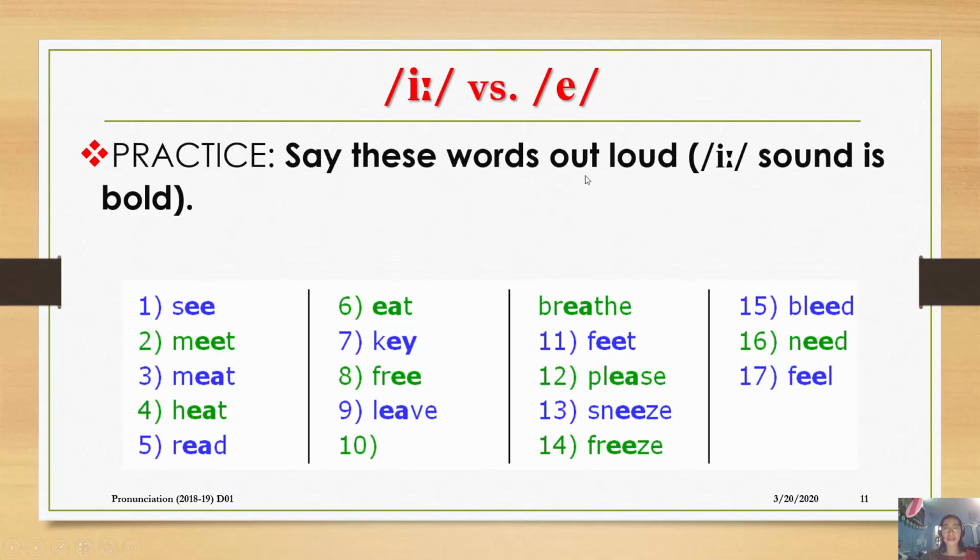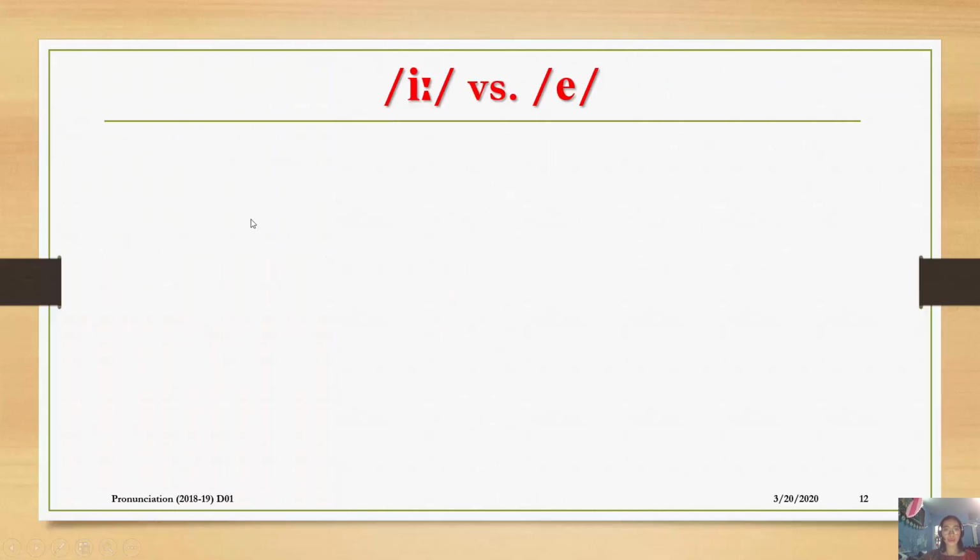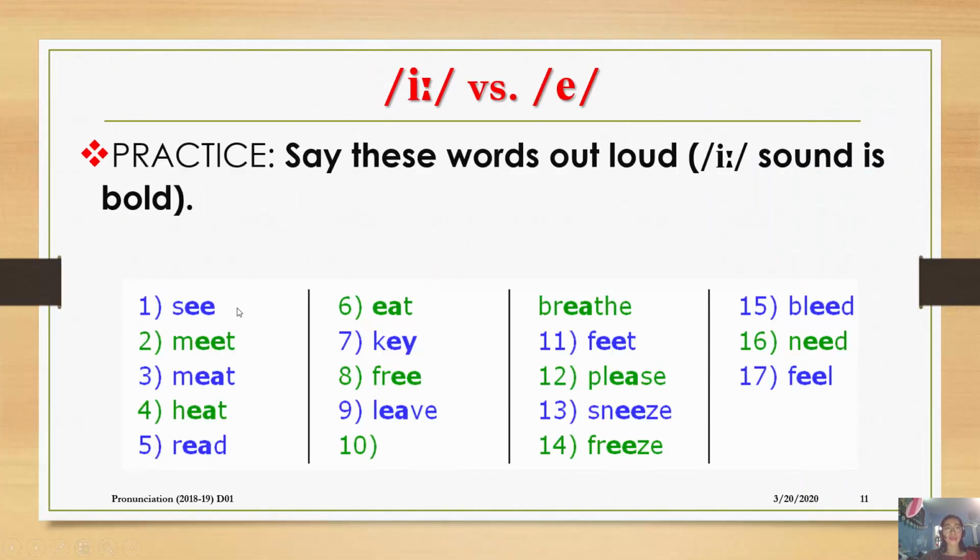Now we will practice saying these words aloud. The E sound is in bold. See, meet, heat, read, eat, key, free, leave, breathe, feed, please, sneeze, freeze, bleed, need, field.